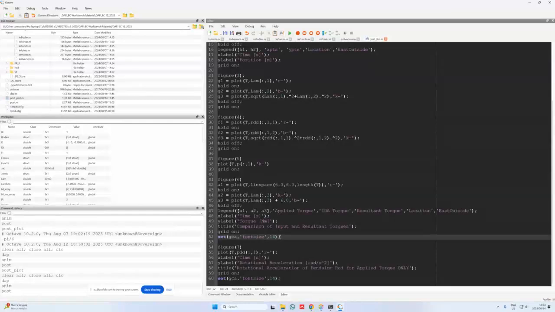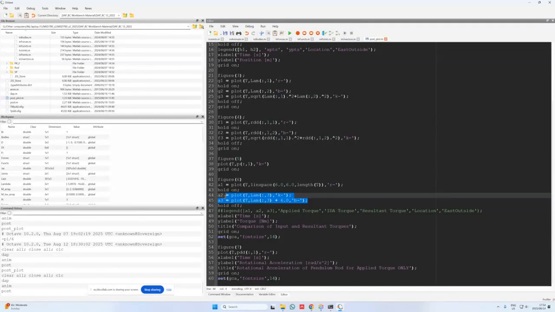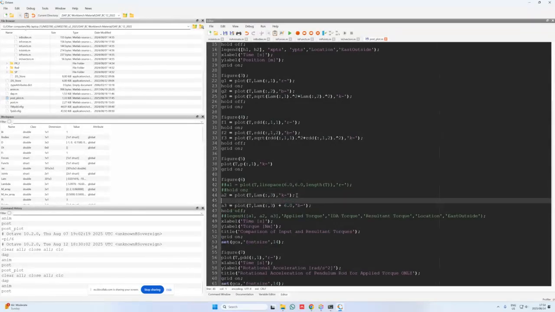Right. I think figure 6 is actually plotting the applied torque and the inverse dynamic analysis torque in this case. What I would maybe rather do is just switch off the legend for now. And then, yeah, so I think what we can do over here as well is just switch off A1 so that we only plot A2.